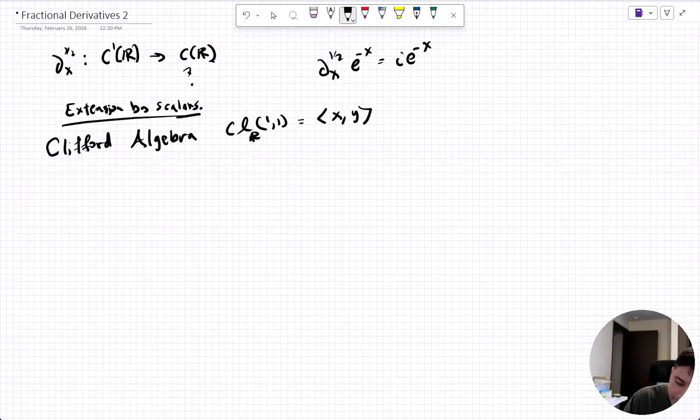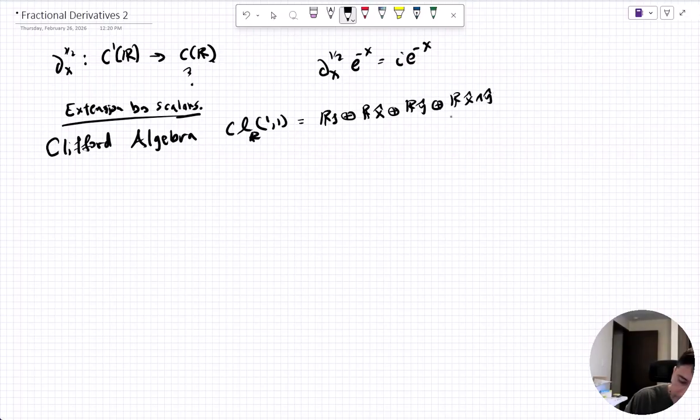They're vectors, and I'll be more precise. It's generated by 1, plus a vector x on the plane, plus another vector y on the plane, plus the wedge product of those two vectors.